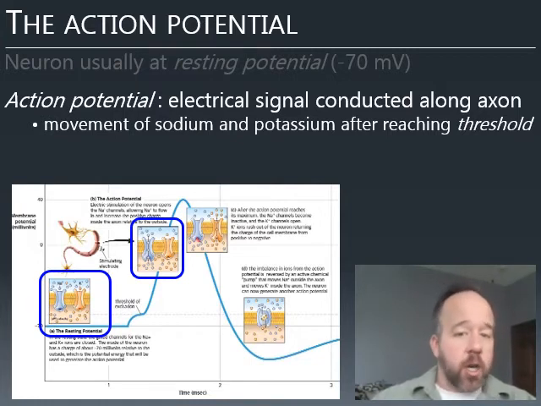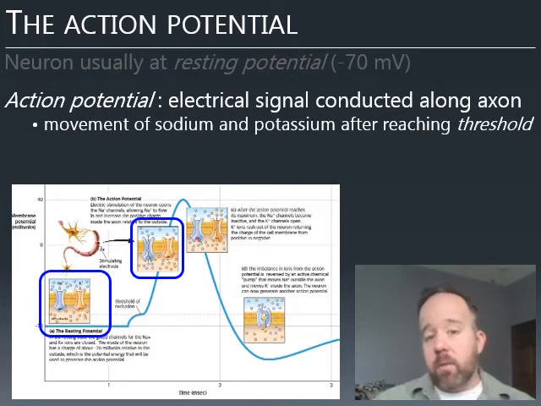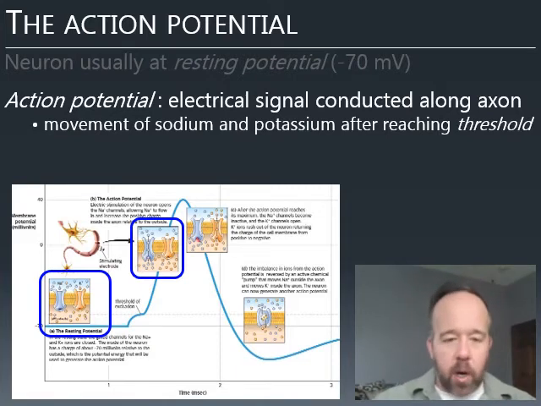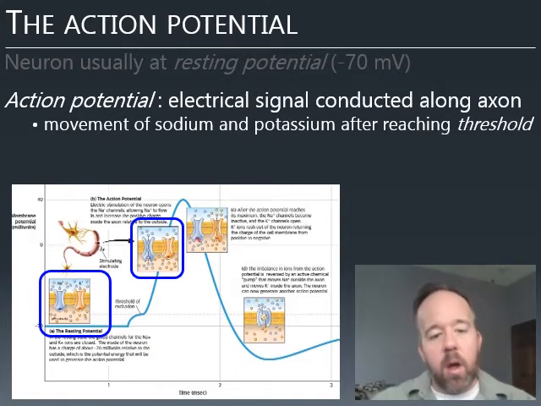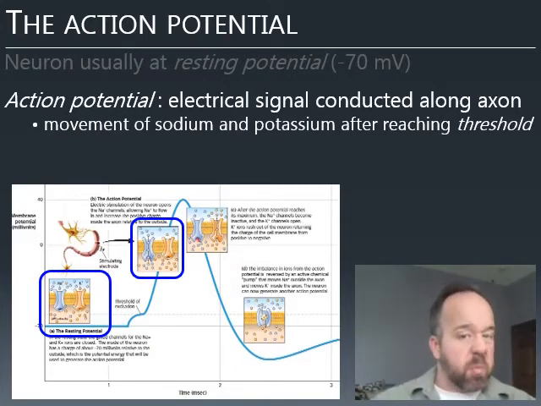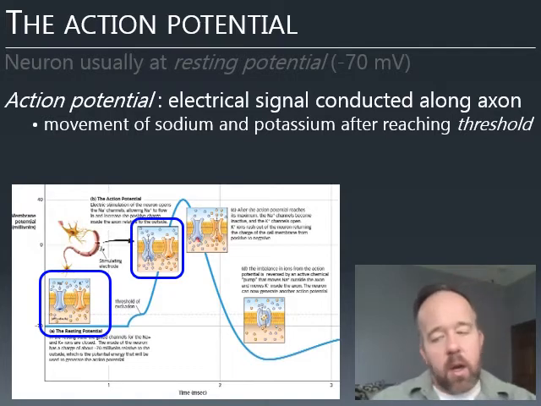So sodium comes rushing in, it changes the amount of charge inside the neuron, and so we see in this curve that the curve representing voltage goes up. Now, parts of the curve are hidden by the pictures on this diagram, but we see this sort of spike, this hill that represents an increase in voltage.